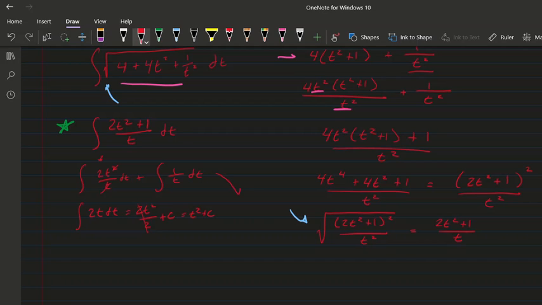With the 1 on the right, that just becomes the ln of t plus c. And then when you add those up, that just becomes t squared plus the ln of t plus c. And that is your final answer.